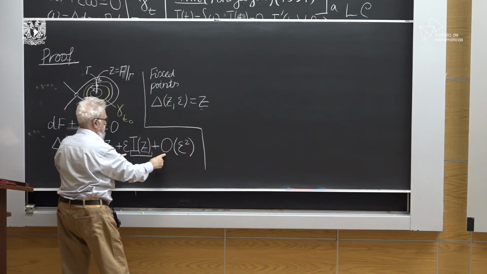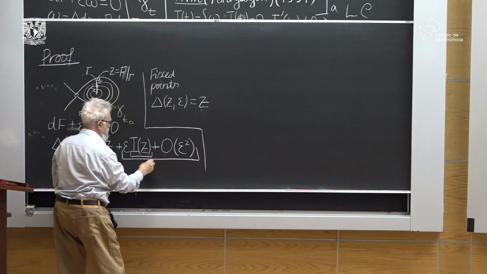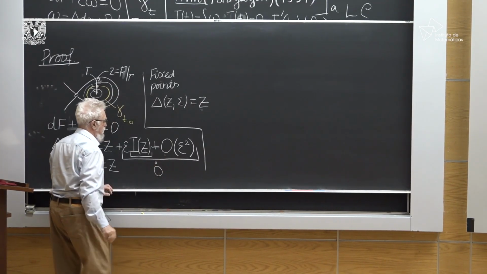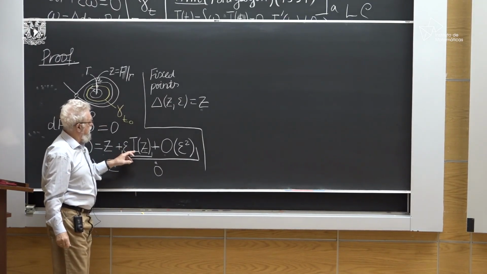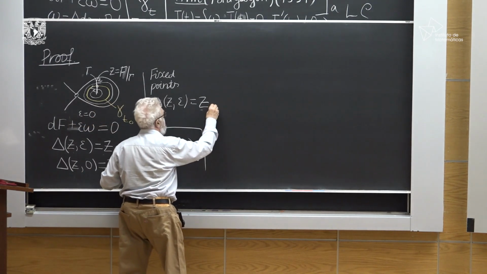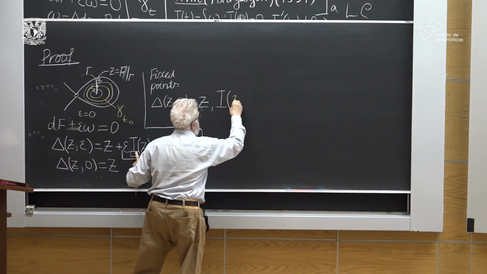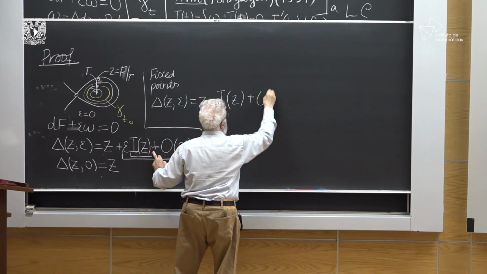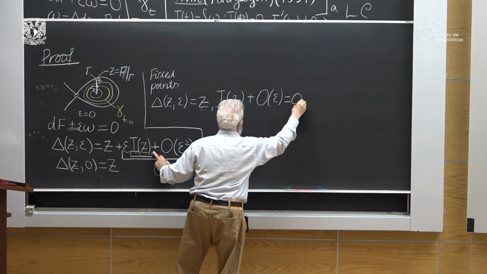We get that this part equals 0. We can divide by epsilon and get an equation I of z plus O of epsilon equals 0.